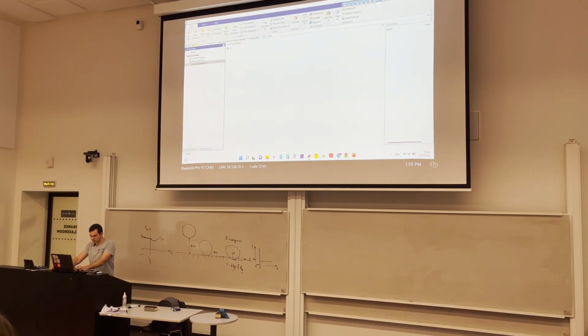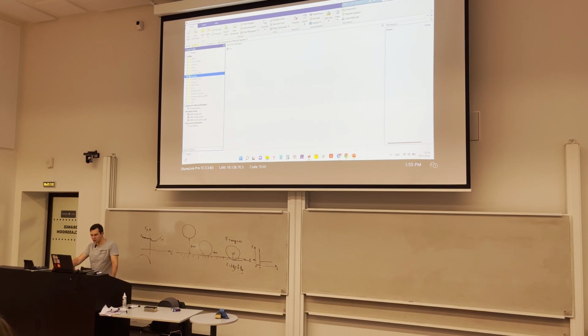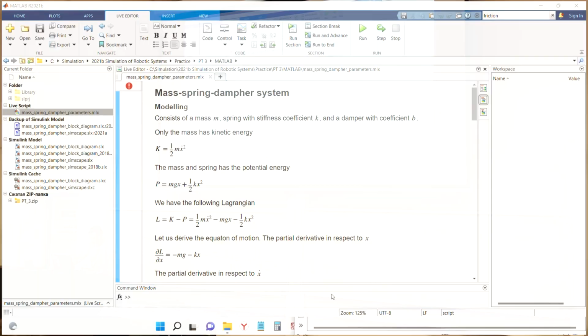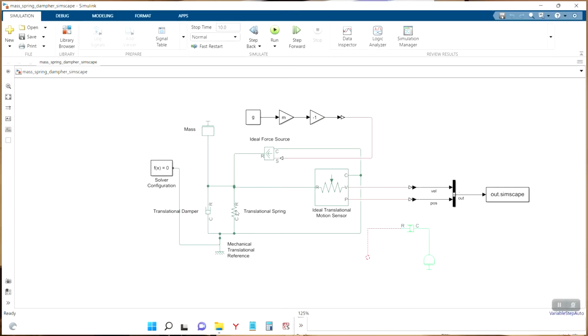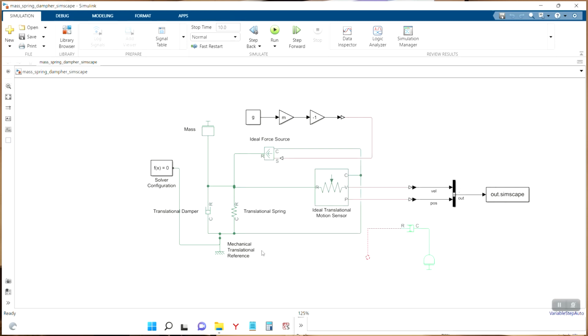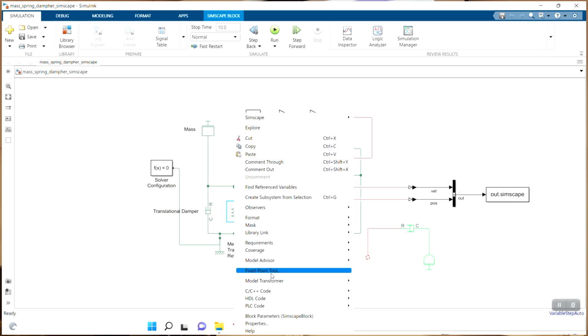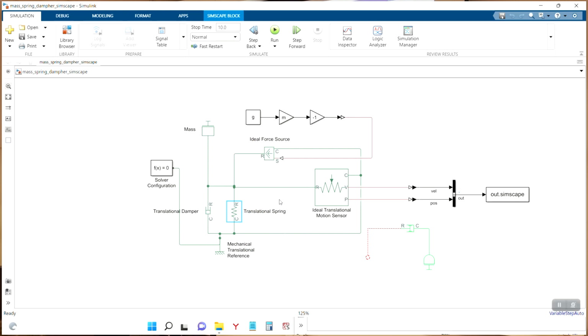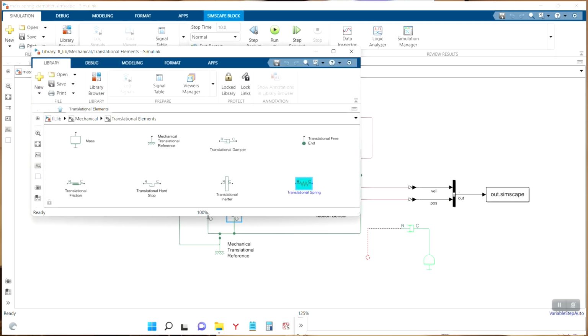For example, let me open the example that I showed you previously for the mass and spring damper. Okay. Here it is not a spring, but I can add friction here. Library link, go to library block, and here friction.